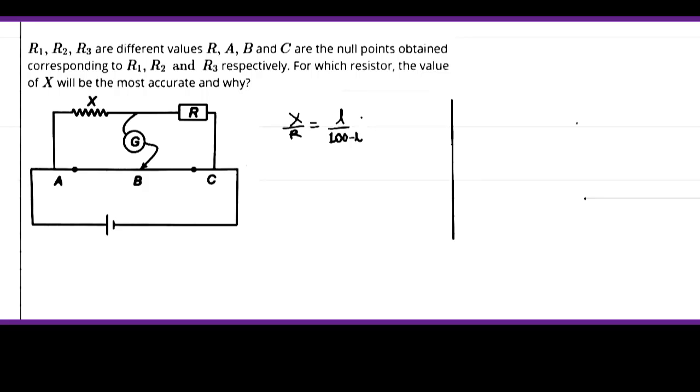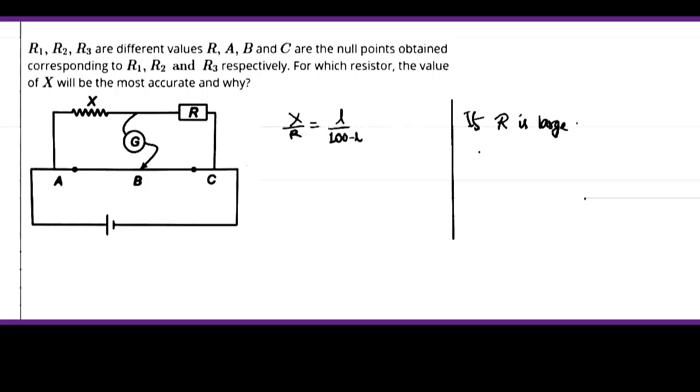If the value of R is large, then what will happen to the length L? Just look here. On the left hand side, the denominator is very large. That means the overall value will be very small. So upon calculation, this L will also be small.